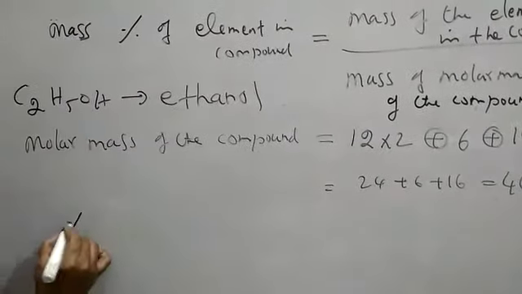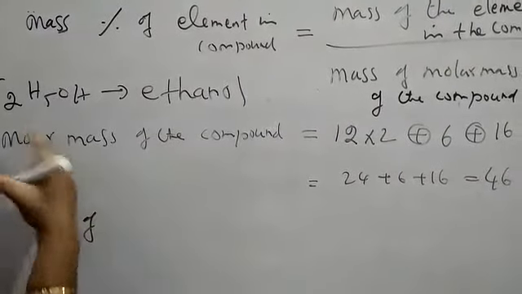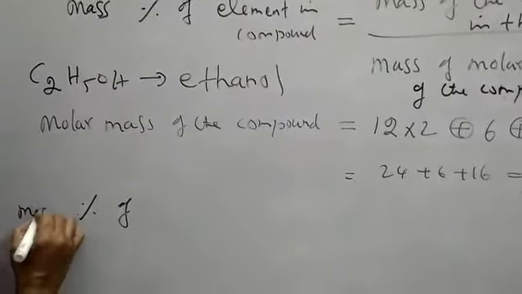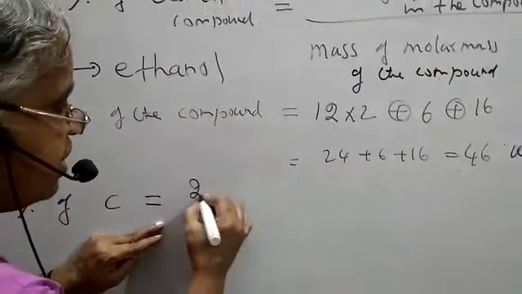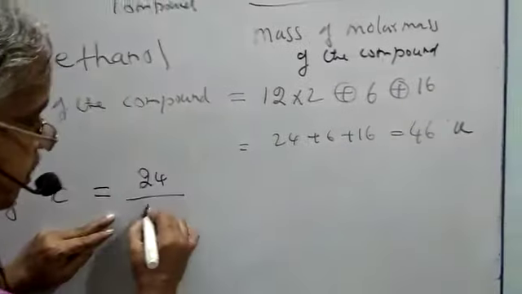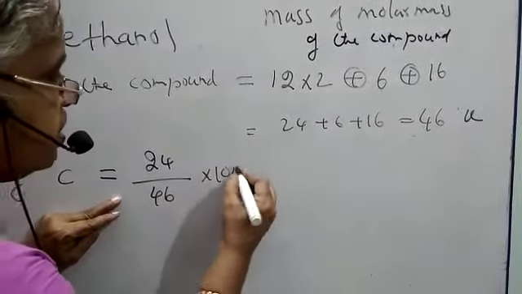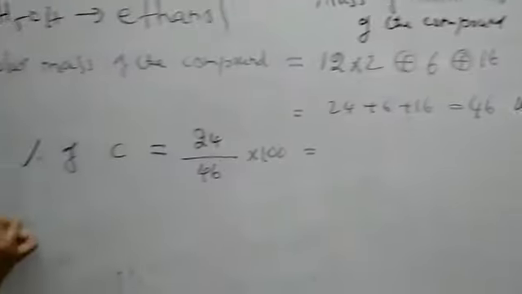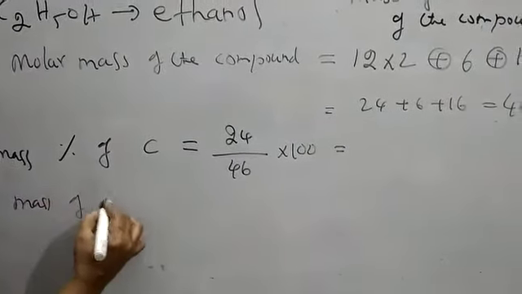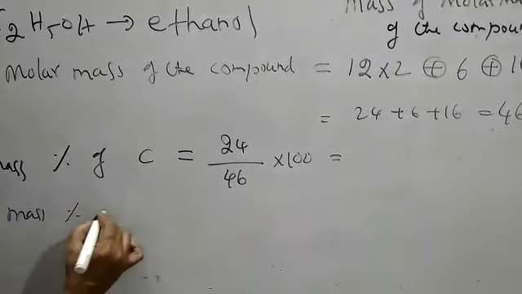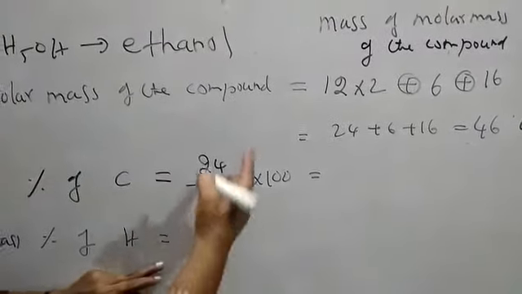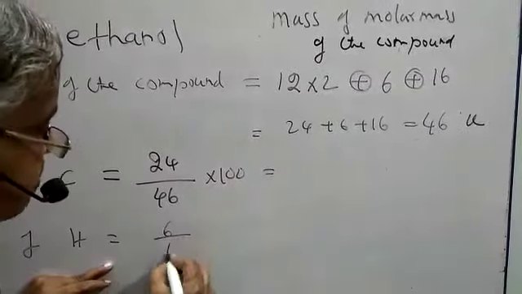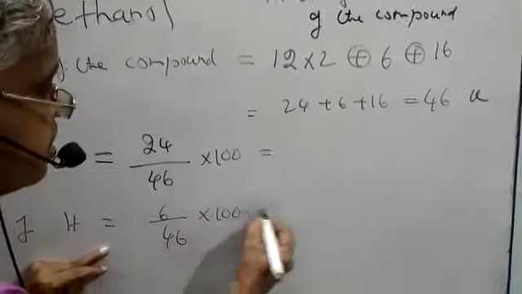Okay, now let us go to the mass percentage of carbon is equal to weight of carbon is 24 divided by overall weight is 46 into 100. Okay, next one, mass percentage of hydrogen, what is the weight of hydrogen is 6 divided by 46 into 100.